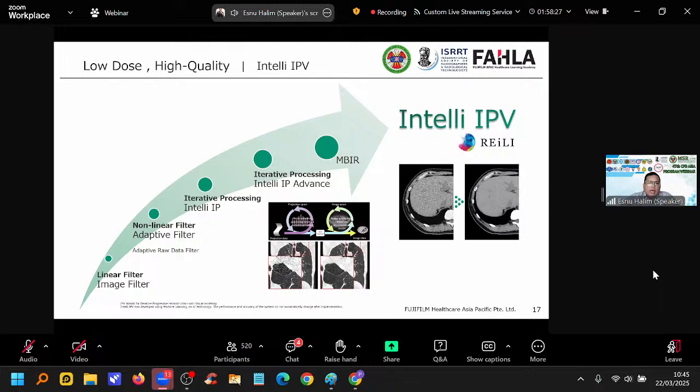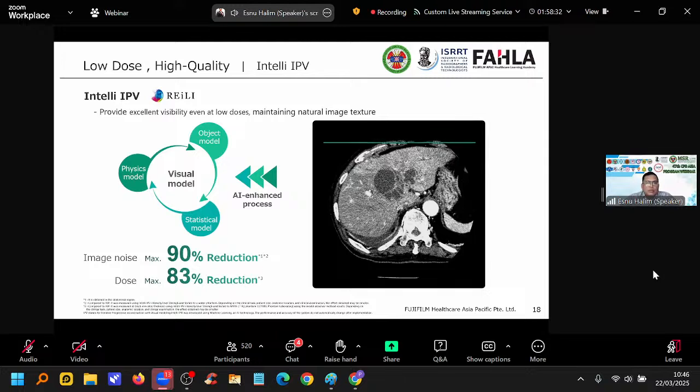Okay, and IPV stands for Iterative Progressive Reconstruction with Visual modeling. We use visual modeling. We look at the physics model, we use an object model, and we also use a statistical model to come up with good image quality at very low dose, while maintaining the natural image texture, which is the challenge that we have.